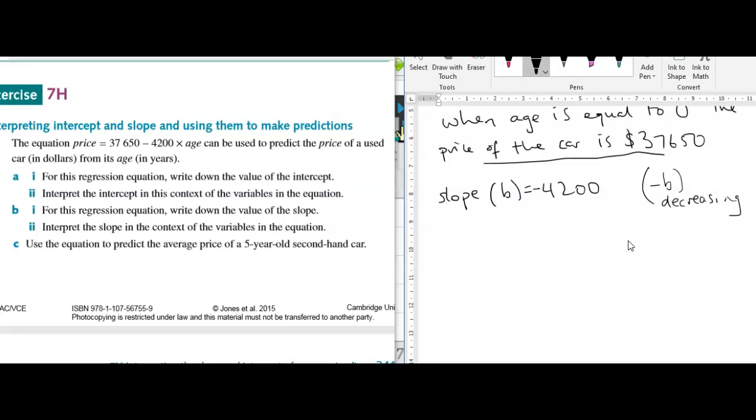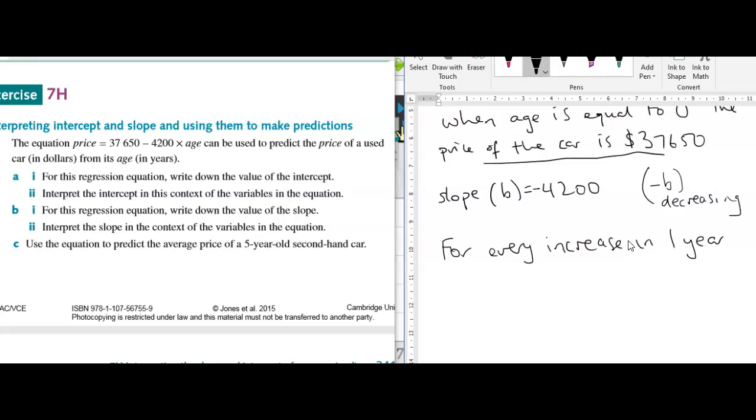When you're interpreting this, you say for every increase in one, whatever the unit is. In this case it's years, so for every increase in 1 year.